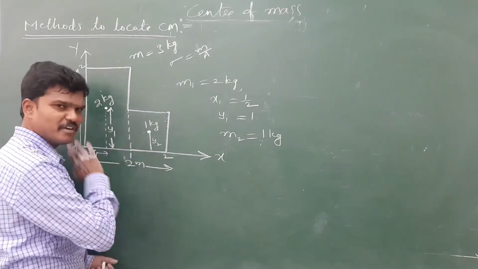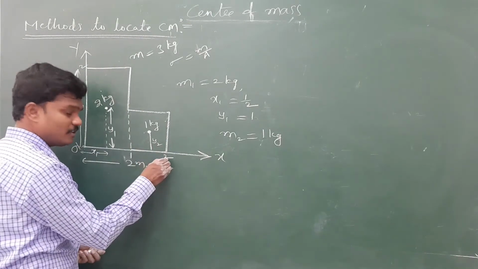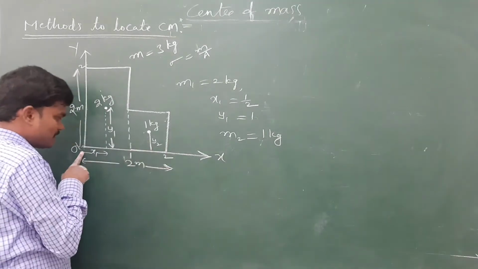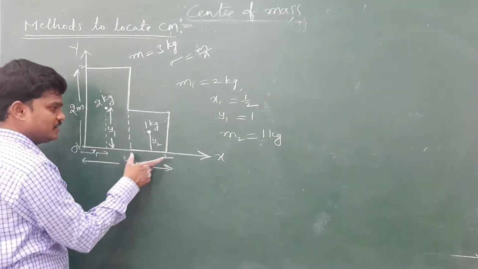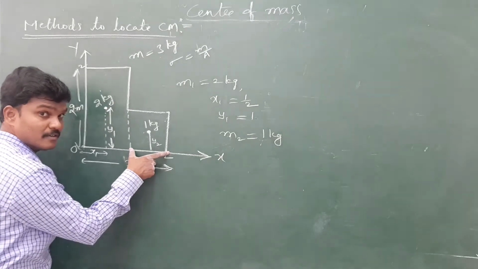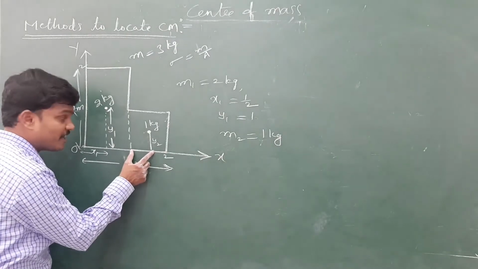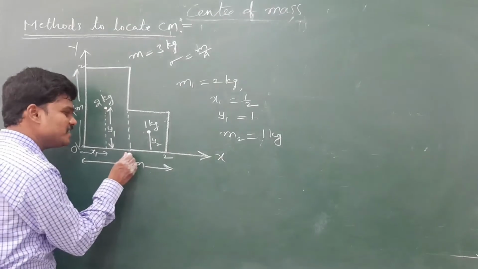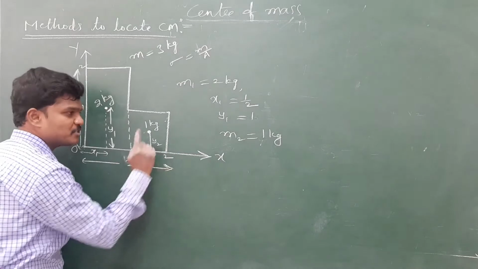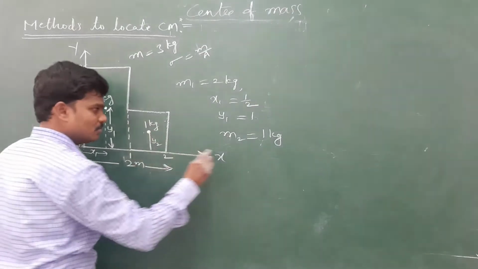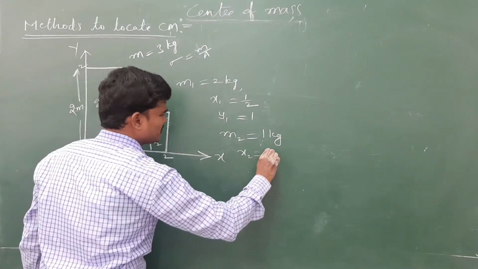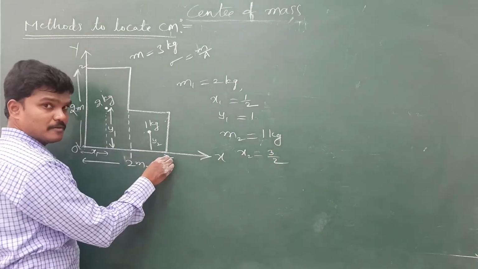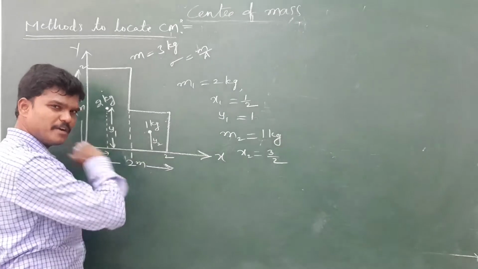Initial plus final by 2. This is 1 meter, half of it is 0.5, so 0.5 plus 1 from the origin is 1.5. Otherwise, 1 plus 2 by 2, so x2 is 3 by 2.